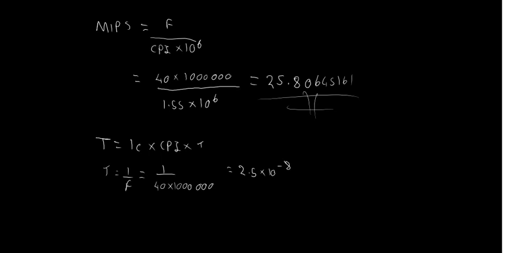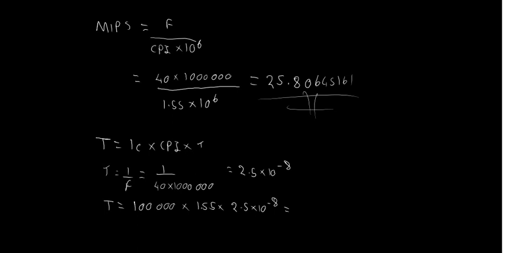Now we have our period. Then we're just going to say our execution time is equal to our instruction count of 100,000 times our CPI of 1.55 times 2.5 times 10 to the power negative 8, which we punch in there.